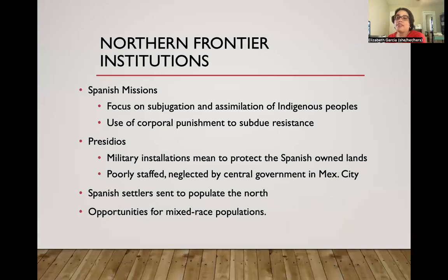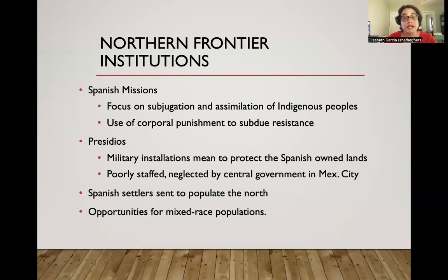Now, the way that the northern frontier was governed by the Spanish Empire was through two specific institutions: Spanish missions and presidios. The Spanish missions are the religious side of the governing structure, which focuses on subjugation and assimilation of the indigenous peoples and use of corporal punishment to subdue resistance.